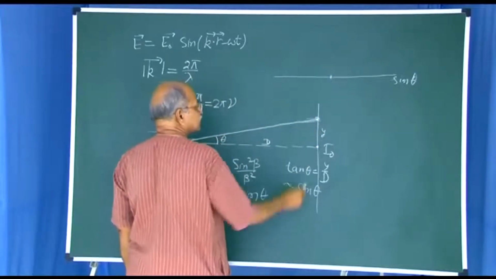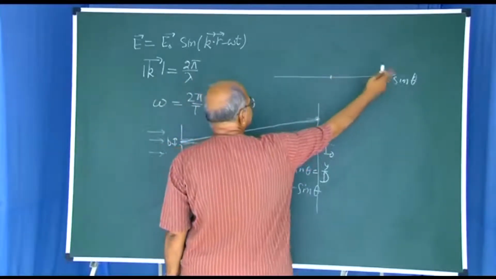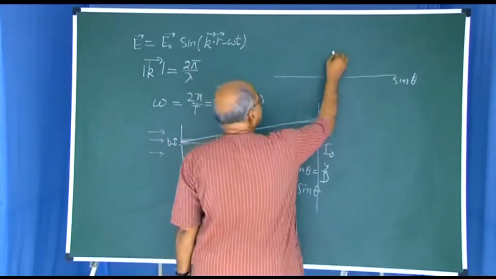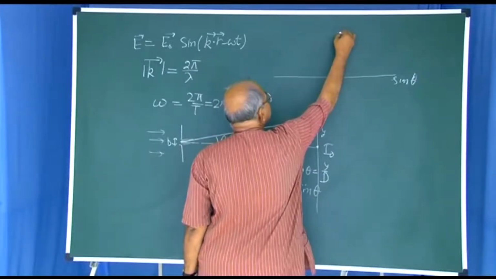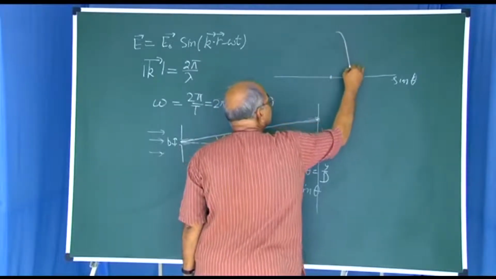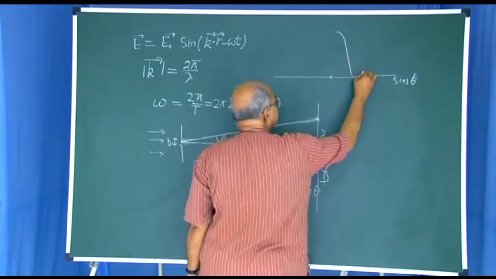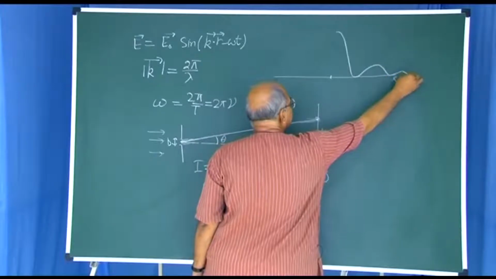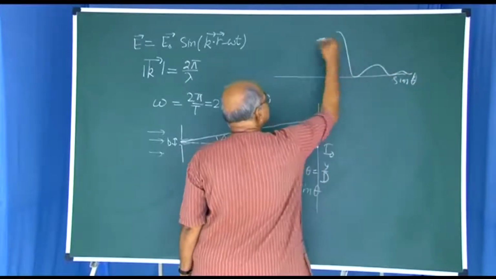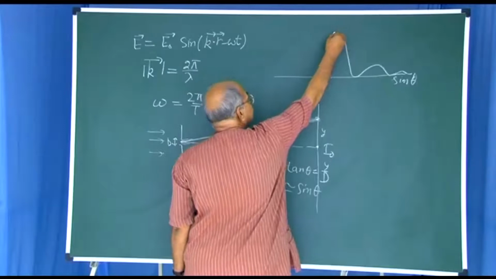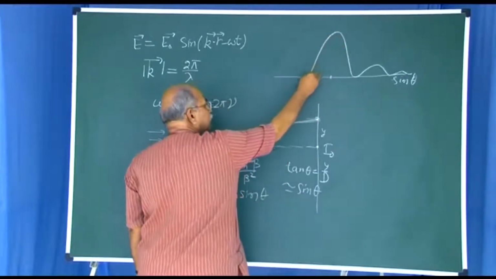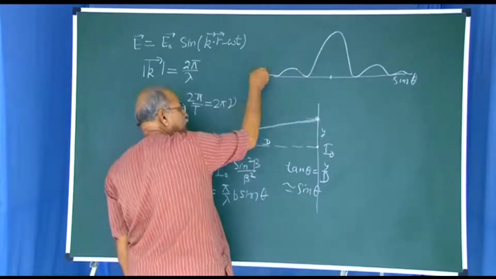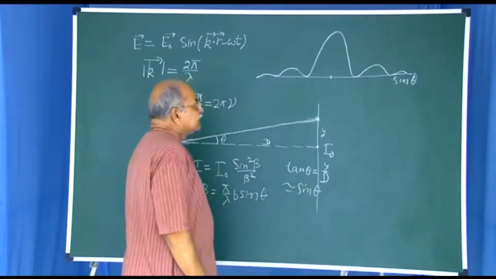Then you have positive theta on one side, negative theta on the other side, and it is something like this, symmetrically on the other side. Something of that sort.